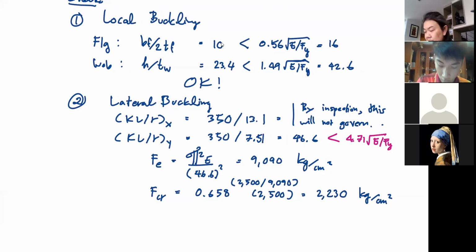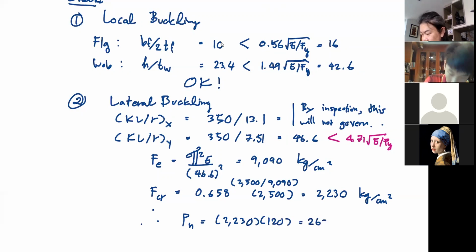Okay, and therefore P nominal is F critical, 2230, multiplied by the area, and this is 268. The same numbers that we have in the table, so you can say my table is correct. And that's it. End of your design. And see how easy that is.